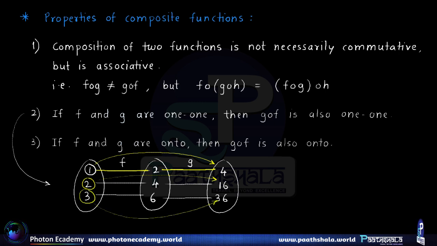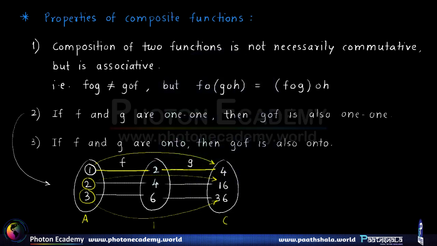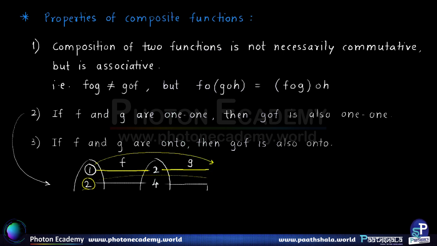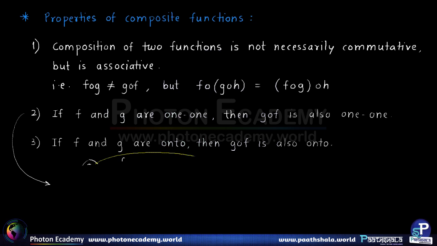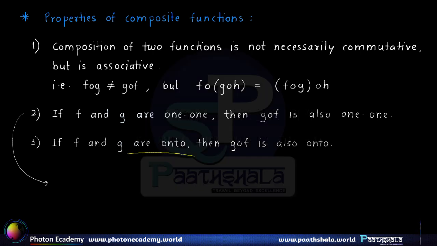So there are no two elements in the first set A which have the same image in set C. Therefore the composite function g of f is also 1-1. Similarly we can confirm that the composite function is onto if the two individual functions are onto. Let us move to the next properties of composite functions.